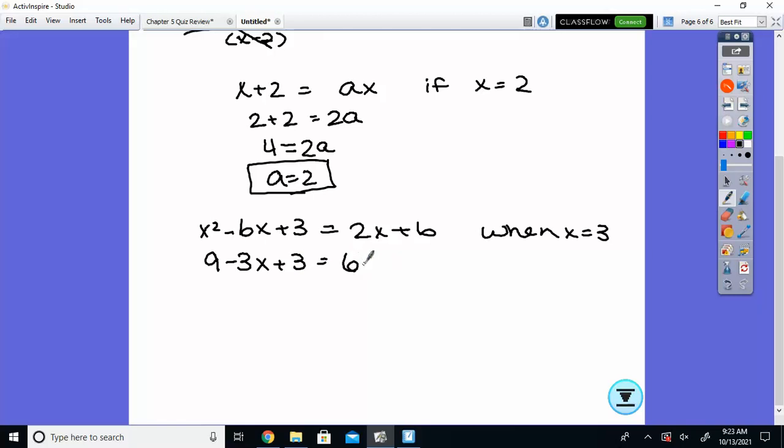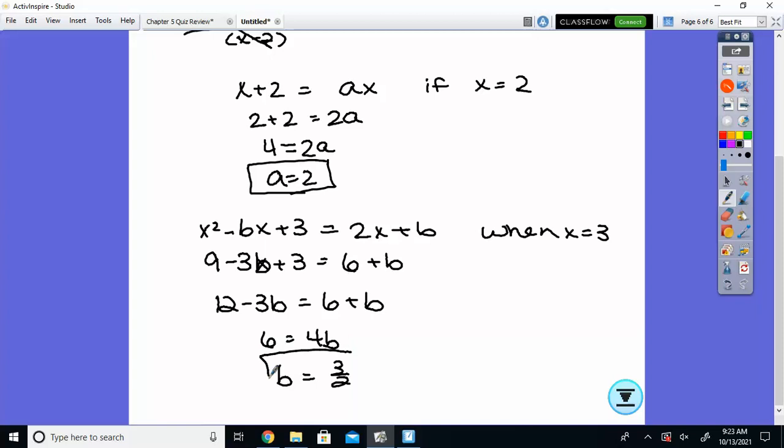So if I plug in my 3, okay, we get 12 minus 3b has to equal 6 plus b. Subtract over my 6, add my 3b, divide, and b has to equal 3/2.